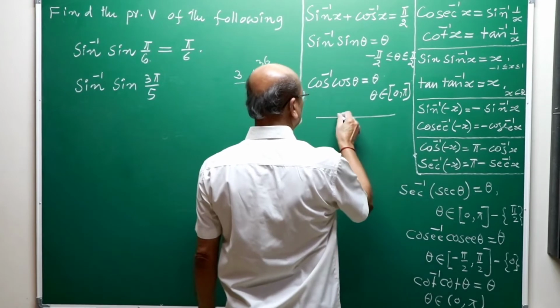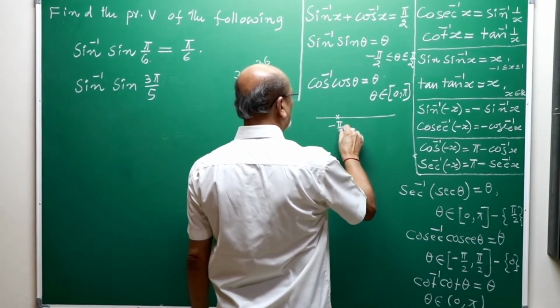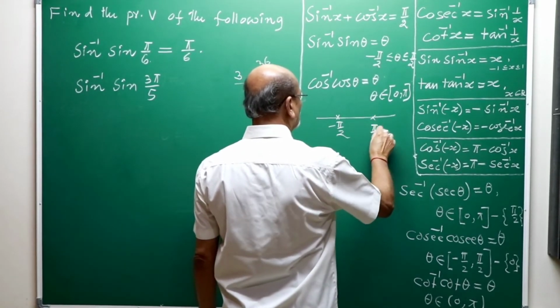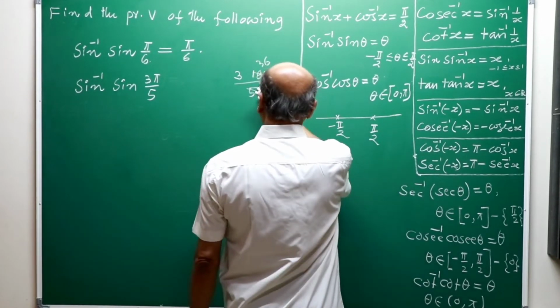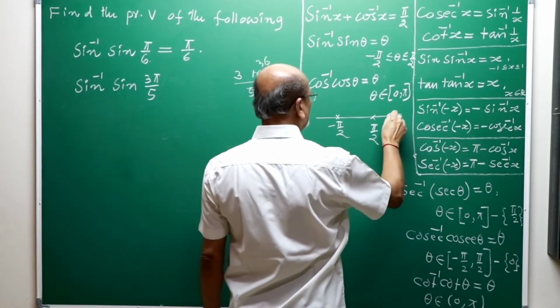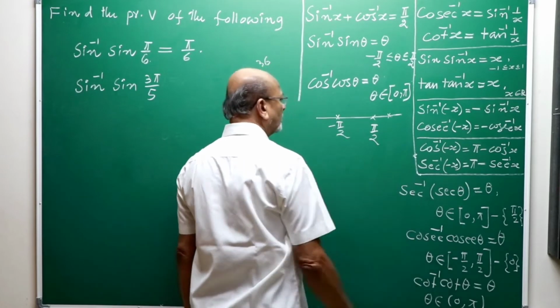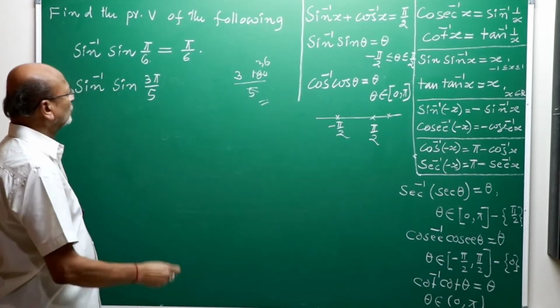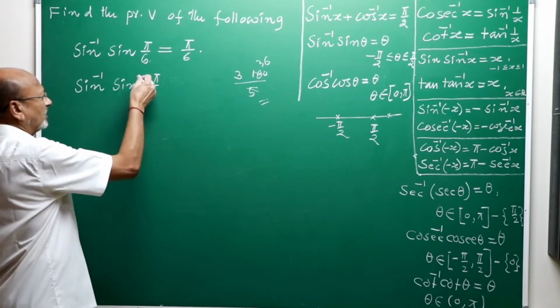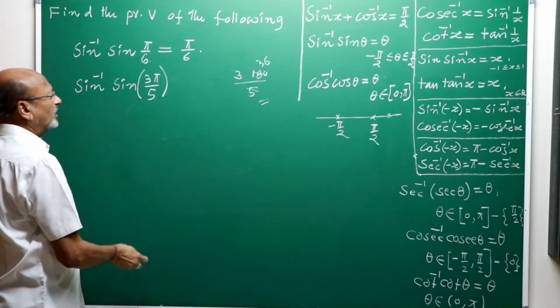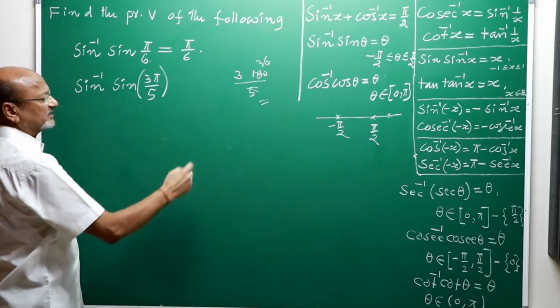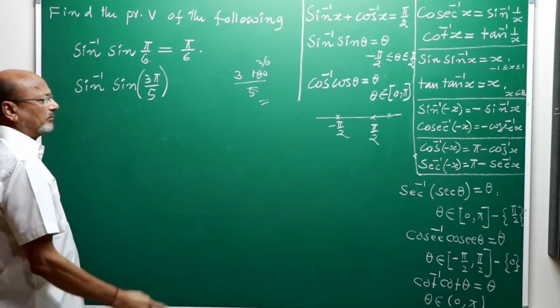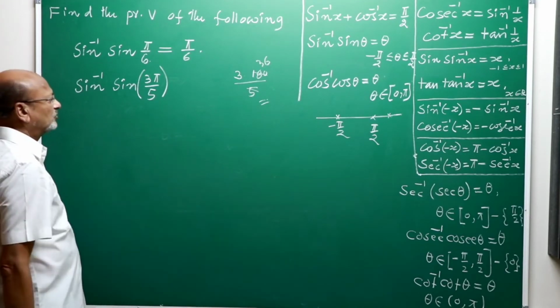My friends, what is this? It is minus pi by 2 to plus pi by 2. What is this angle? It is greater than 90. Greater than 90 means the angle is somewhere here. Then we can't use this property. In such cases, what you have to do? We must bring this angle 3 pi upon 5 well inside this interval, minus 90 to plus 90.